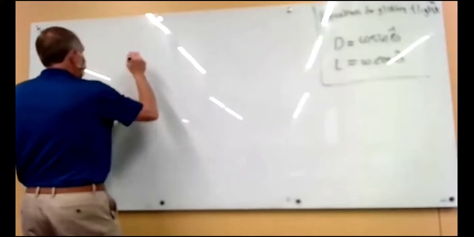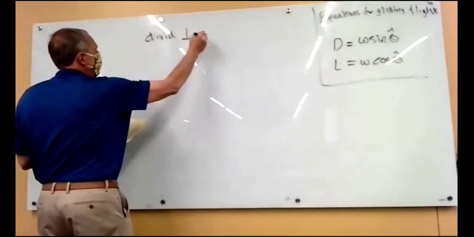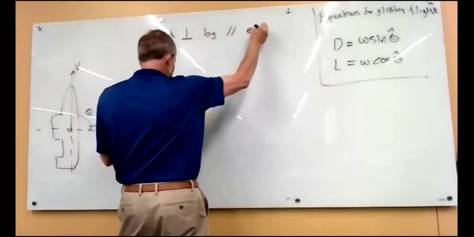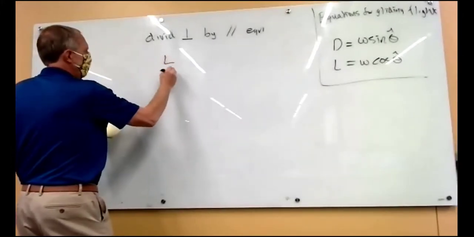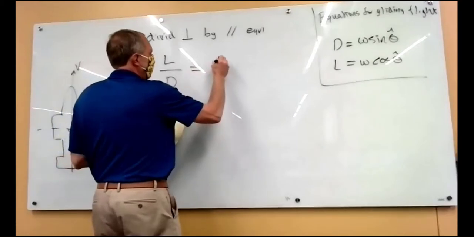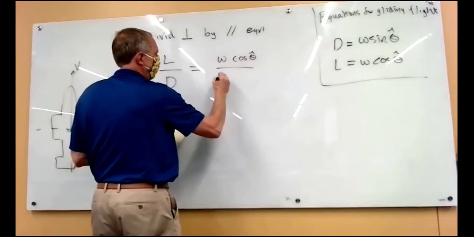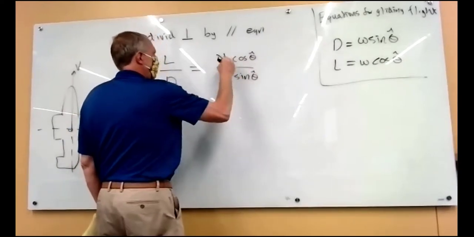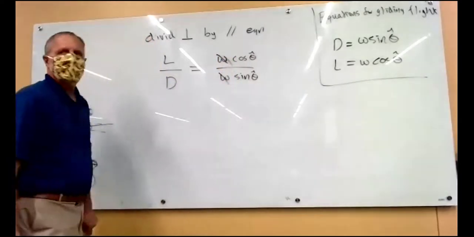All right, so we're going to divide the perpendicular equation by the parallel equation. So that's easy to do. It says lift over drag equals W cosine, so the weight cancels out.